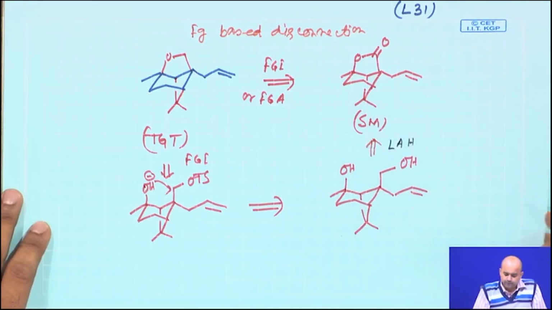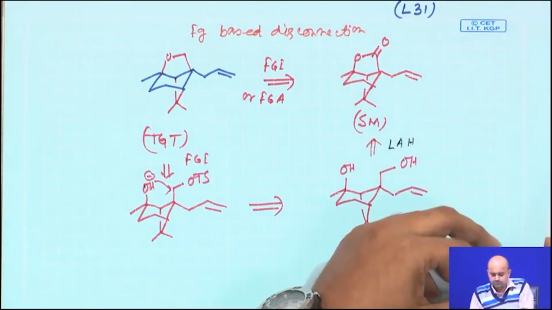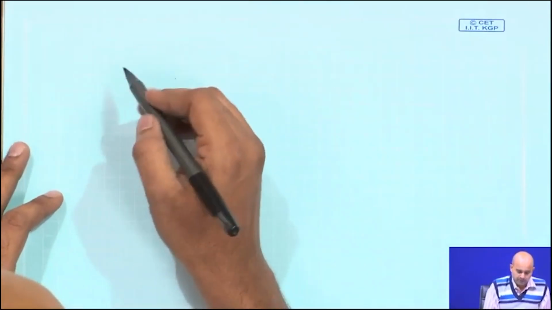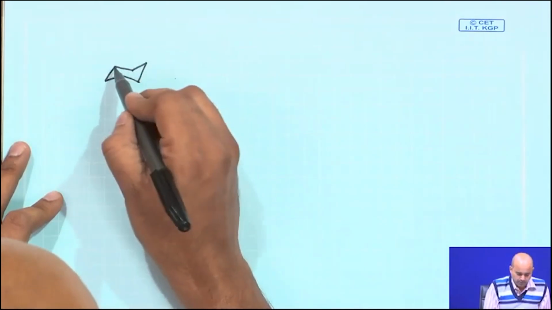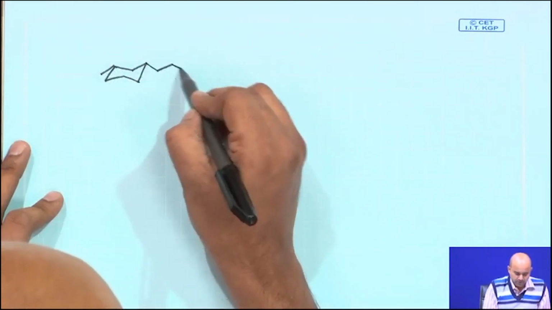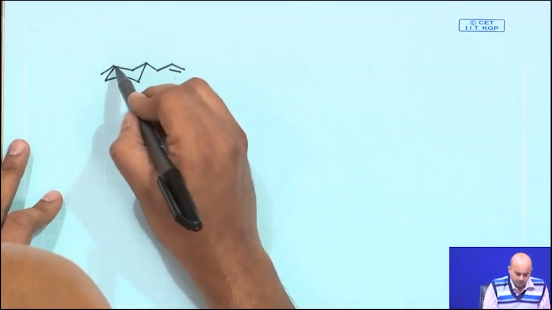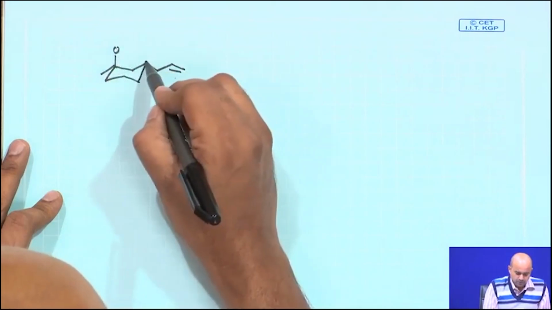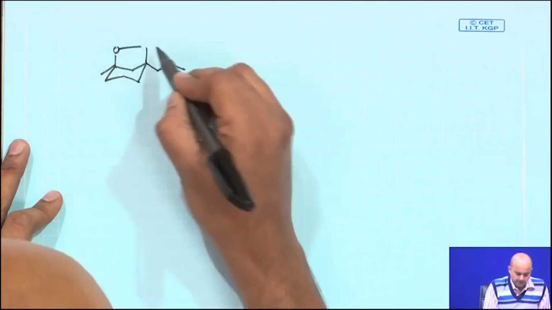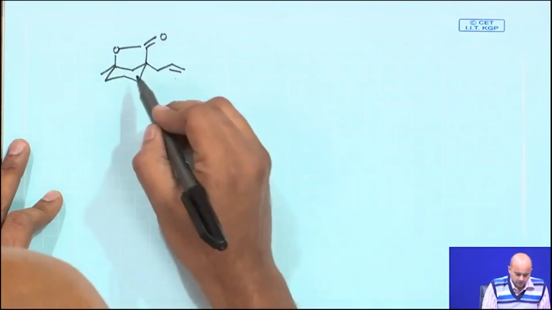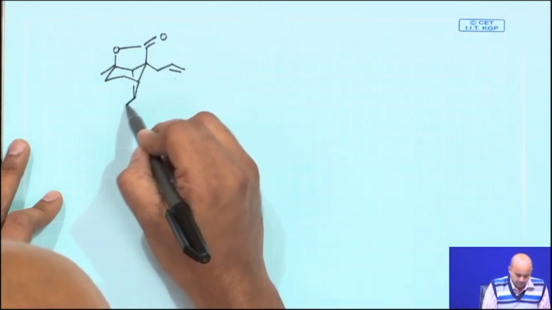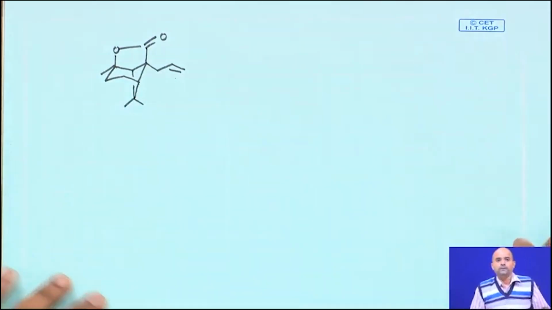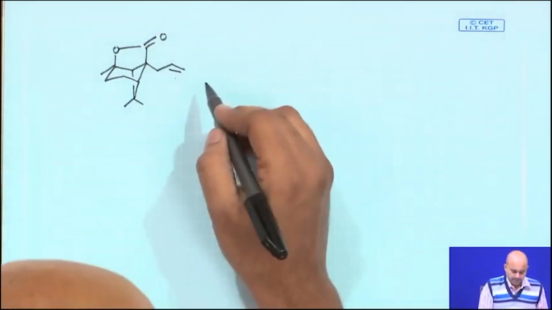So now we will go to the forward synthesis and see how it can be done. The starting material was given as a cyclohexane based lactone. The 3-dimensional drawing was given to give you practice in drawing how these cyclohexane based compounds can efficiently be drawn in a 3-dimensional pattern.